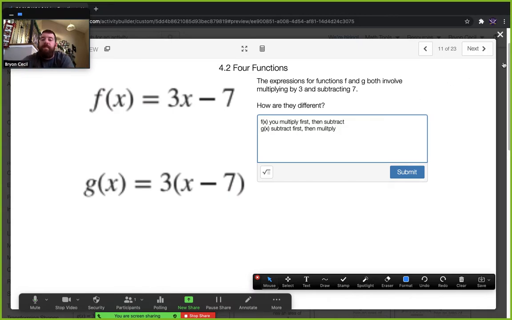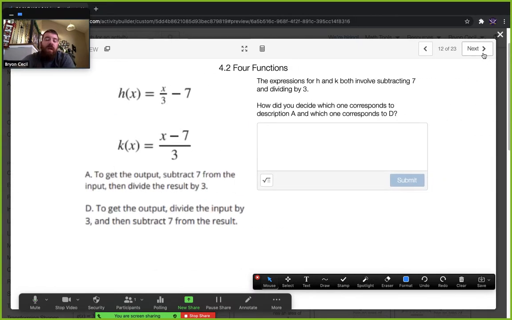Okay? There we go. The expressions for h and k both involve subtracting and dividing by 3. How would you decide which one corresponds to description A and which one corresponds to description D? Okay, well, guys, remember, we're going to use order of operations first.